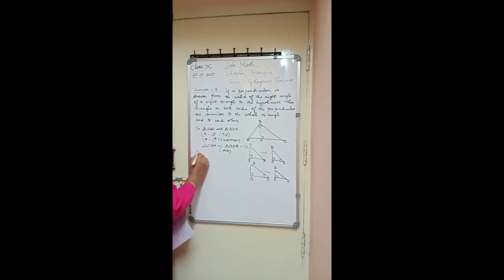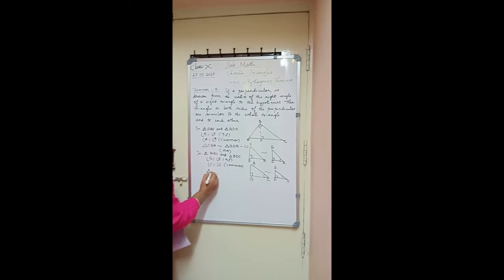So, in triangle ABC and BDC, angle B equals angle D, which is 90 degrees, and angle C is the common angle. So by AA criterion, these two triangles are similar.